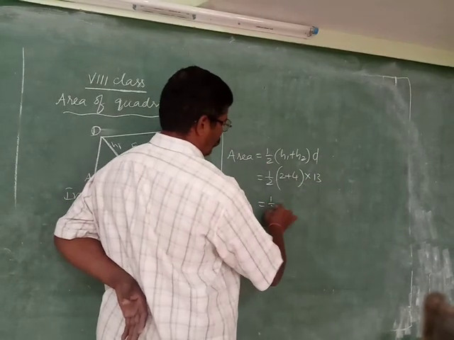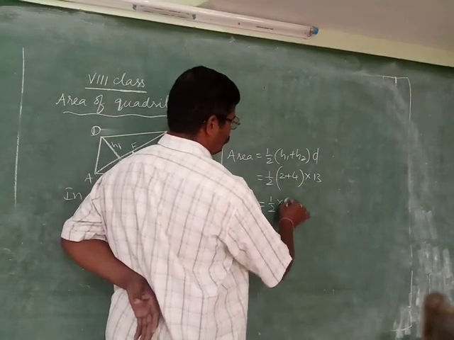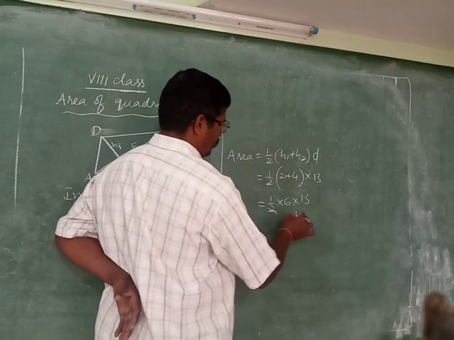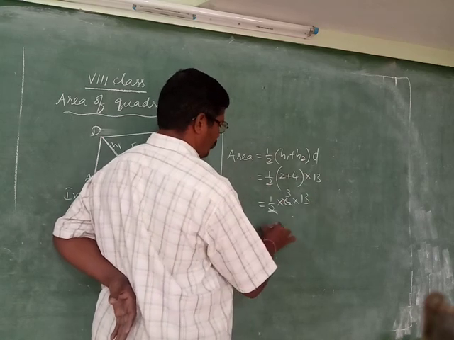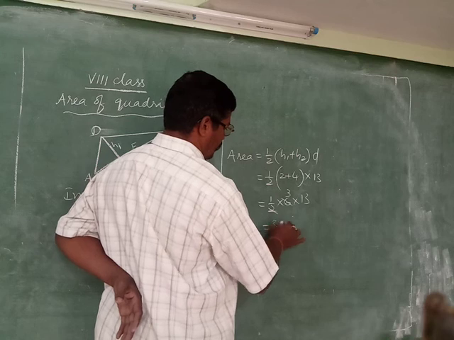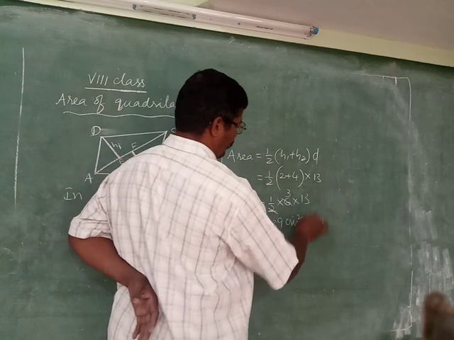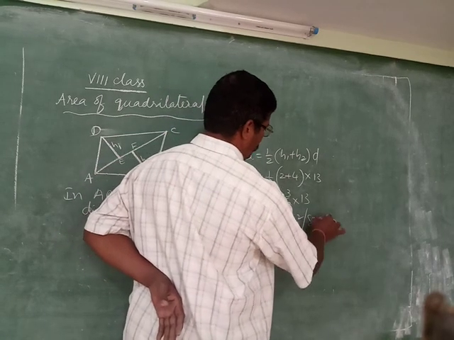That's equal to 1 by 2 into 6 into 13. These two cancel here, 3 times. 3 into 13, 39 square centimeters.